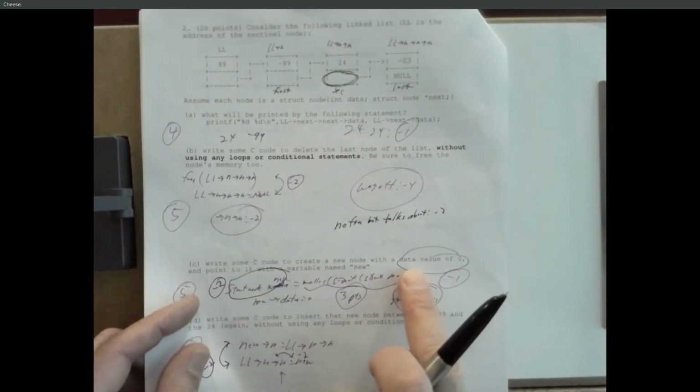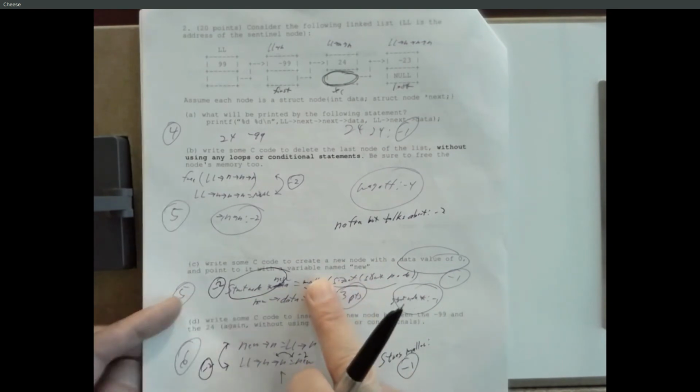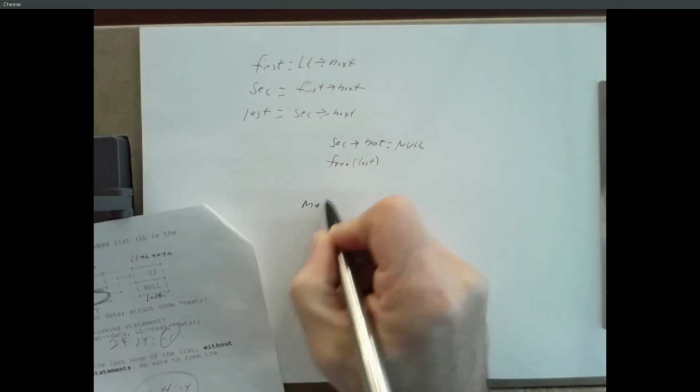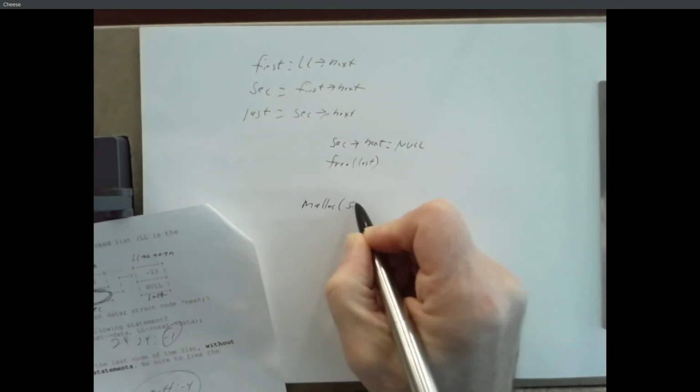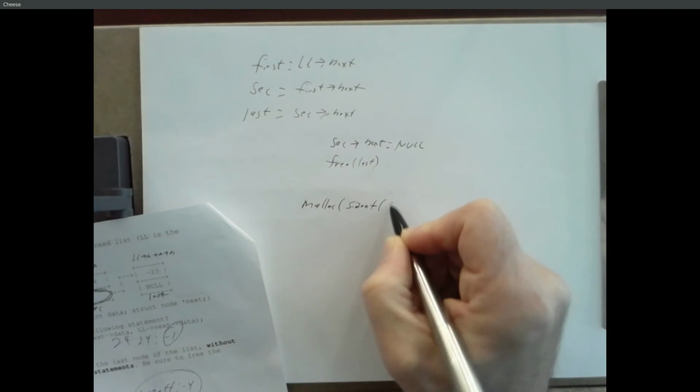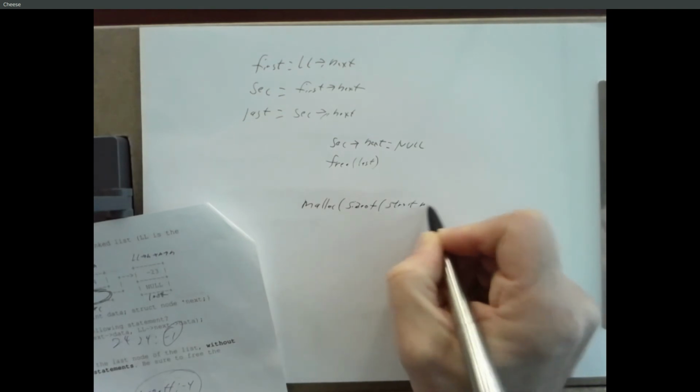All right, so that'll delete that last node, and then write some C code to insert a node with value 0, or to create a node with value 0. So create a new node with a data value of 0, so you're going to have to call malloc. Again, size of struct node. And we got to call this something.